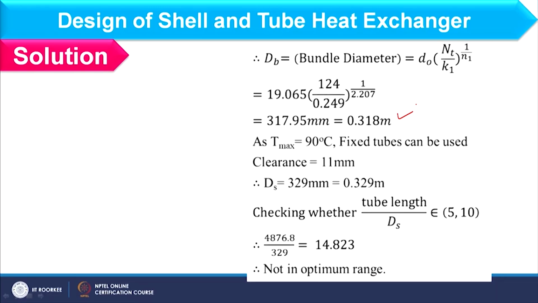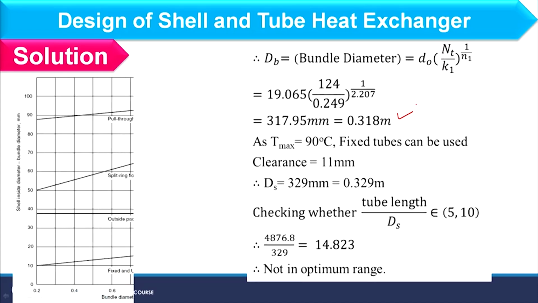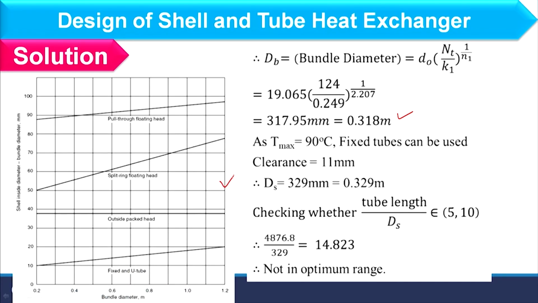Now, next you have to find out the clearance. How should we find the clearance? Using this graph. In this graph we have to choose the right exchanger. How can I choose that? I have told you that if the maximum temperature in an exchanger is equal to or less than 90 degrees Celsius, we should choose a fixed tube sheet, because that is the simplest and cheapest also.